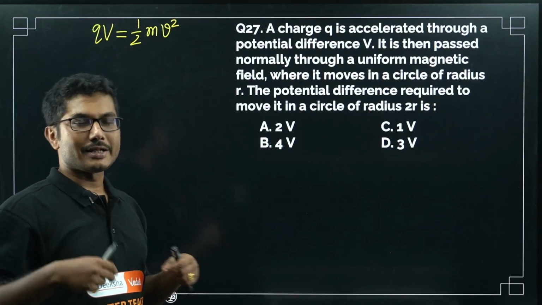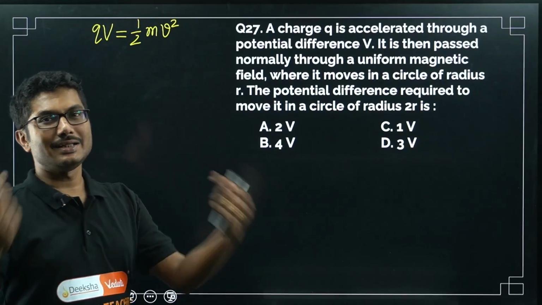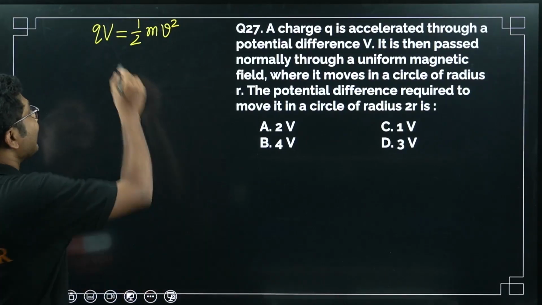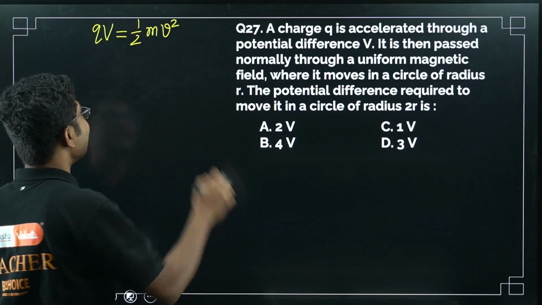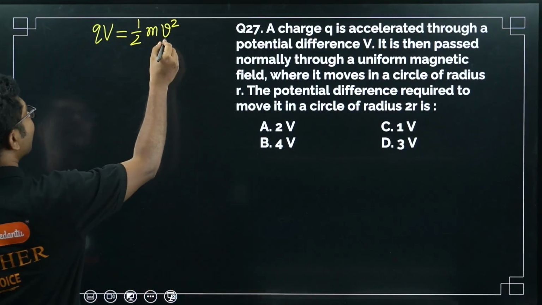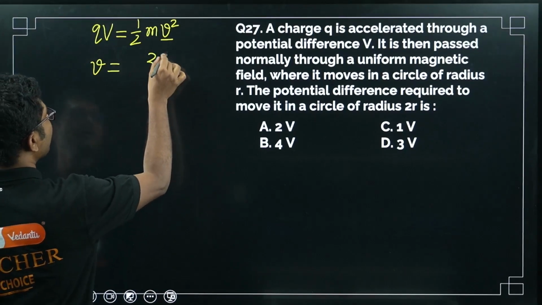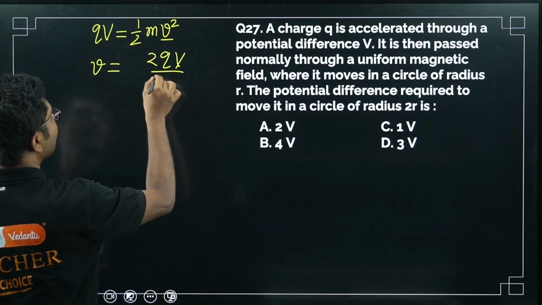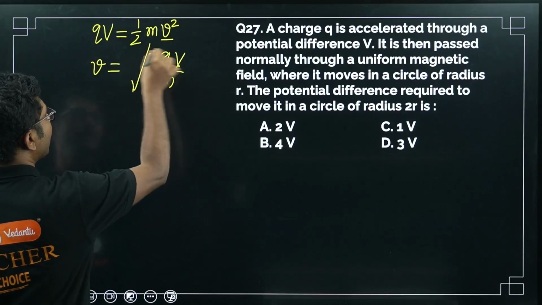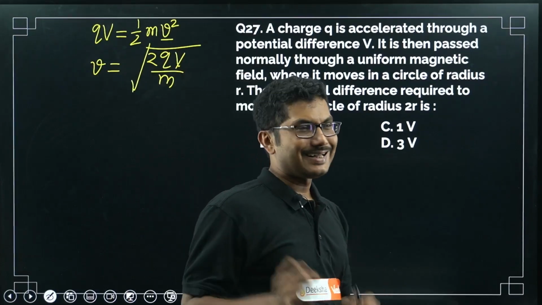Kinetic energy, entire energy is kinetic energy. When it was initially in the potential field, its entire energy was potential energy. When it is coming out of the potential field, its entire energy is kinetic energy, and from the conservation of energy we can write that the potential energy should be equal to the kinetic energy. So from here we can calculate the velocity. So v equals square root of 2qV by m. This is the basic thing.